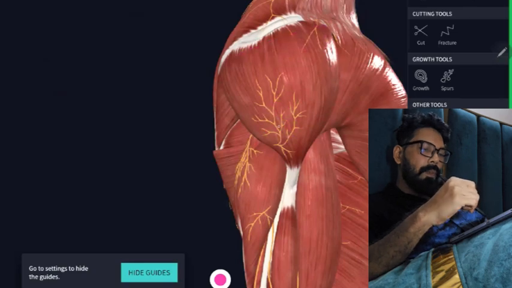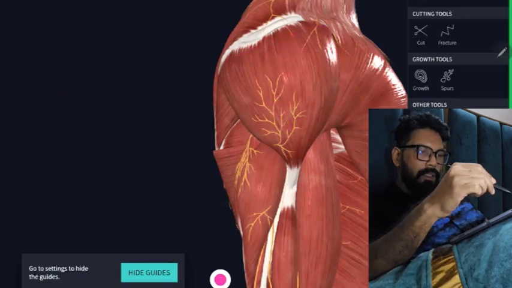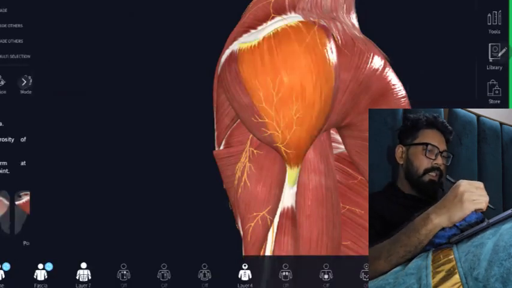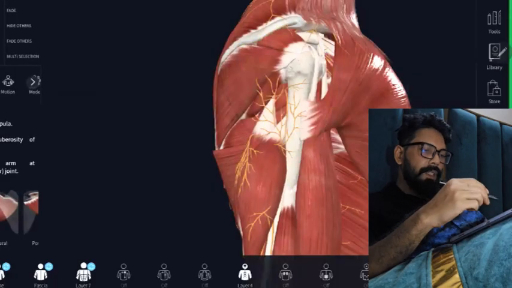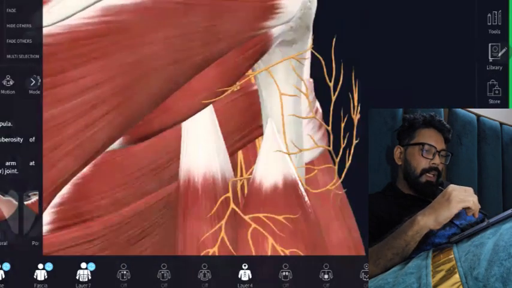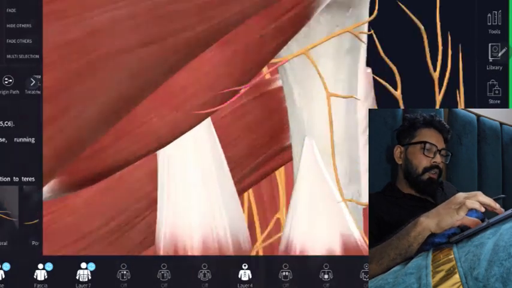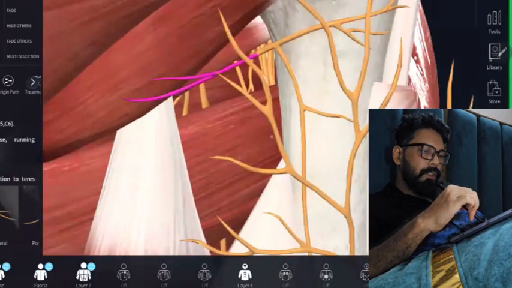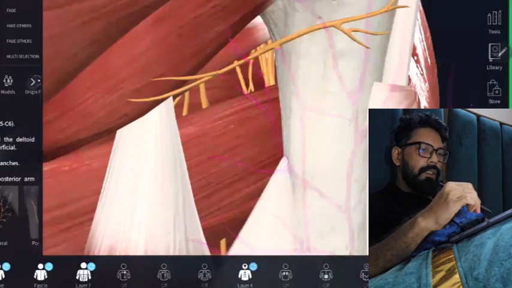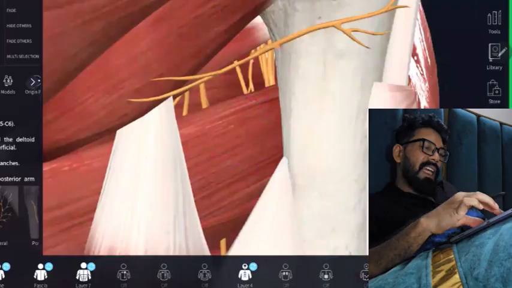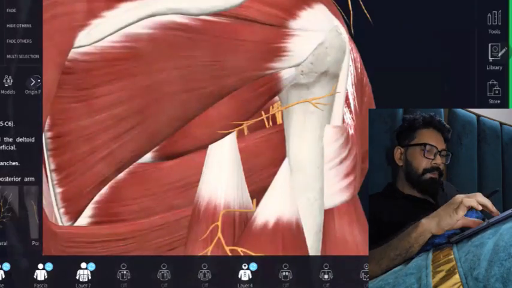And muscular supply, all of you know that axillary nerve will supply deltoid. We hide it. And teres minor, we forget teres minor, but we should not forget it. This is important because this is tricky. We hide it. So this is our axillary nerve supplying our teres minor.